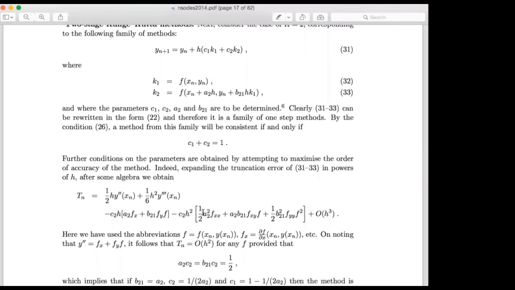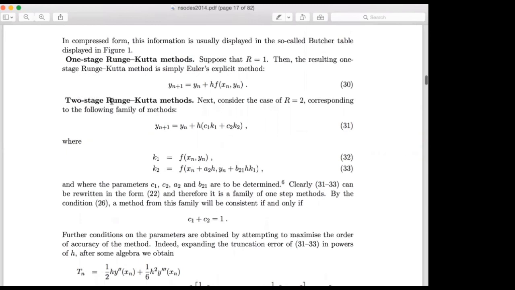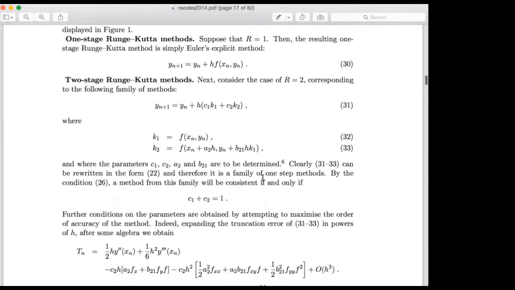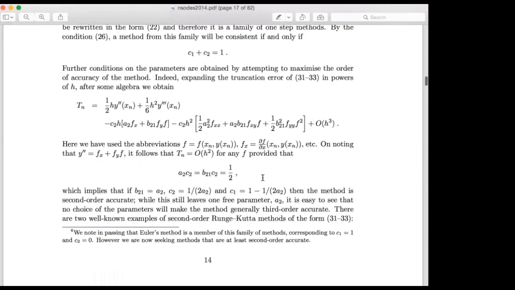We generally obtain 3 equations in 4 unknowns. So it means you will have a 1 parameter family. That's why it is written 2 stage Runge-Kutta methods, not method. Am I right? So we have the 1 parameter family for that.